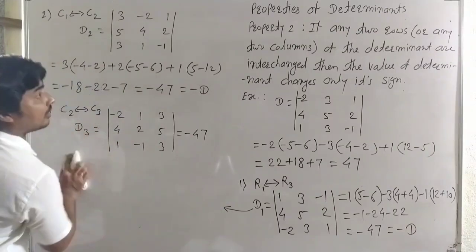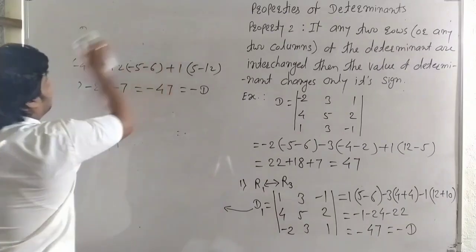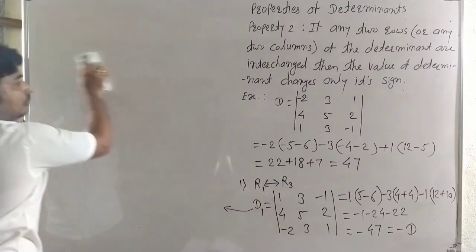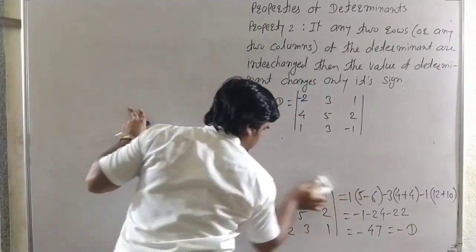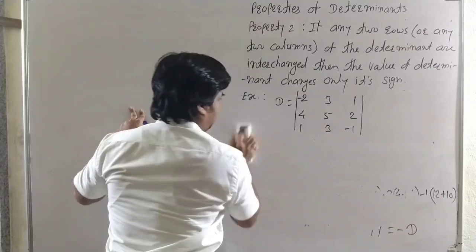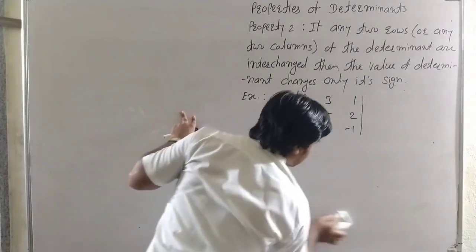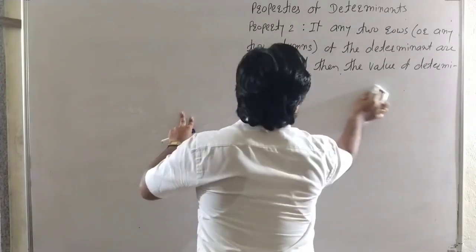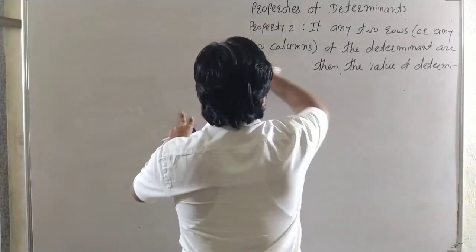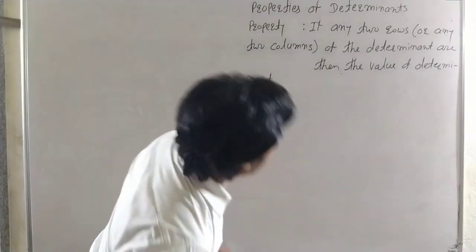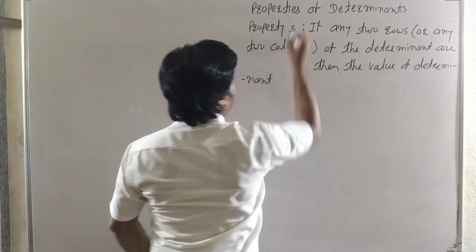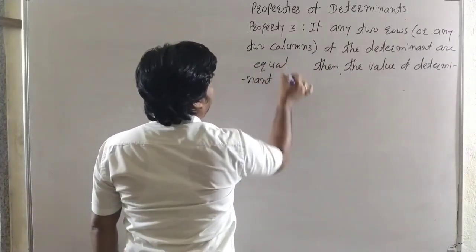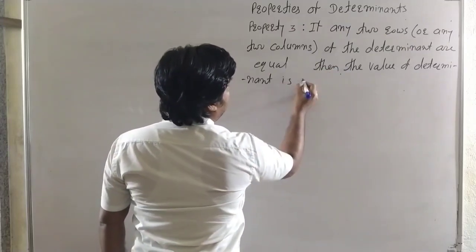Now we see the third property. If any two rows or any two columns in the determinant are equal, then the value of the determinant is 0.